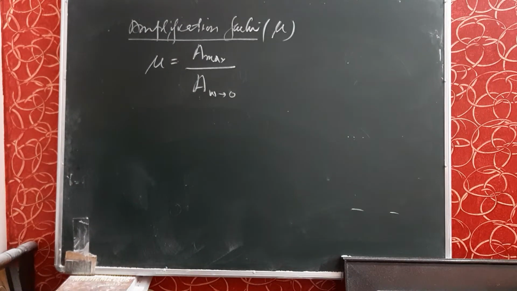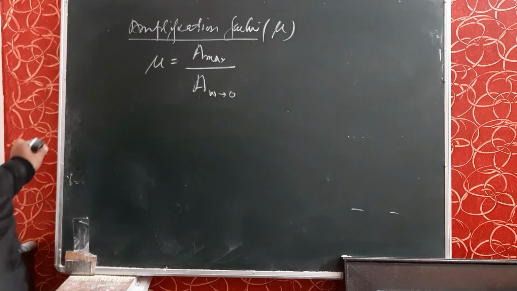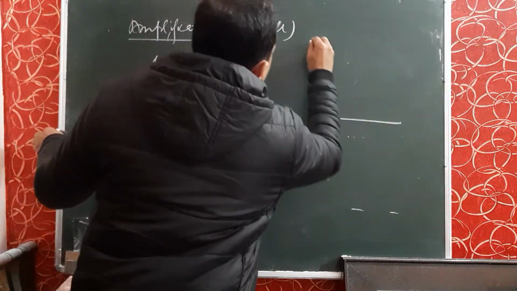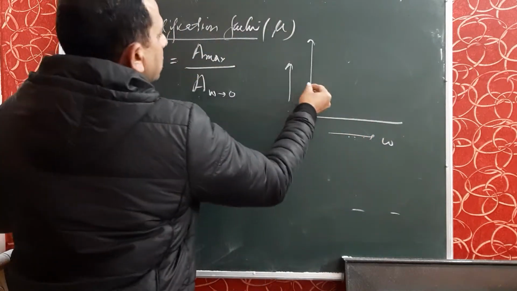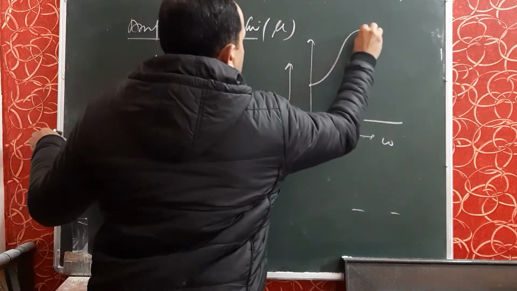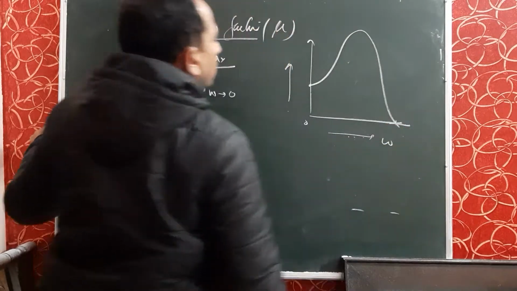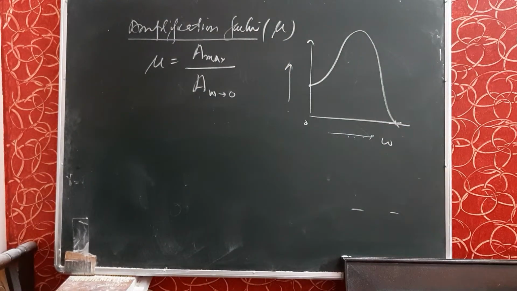If we consider the graph of amplitude with omega, the nature of the graph is like this, because this type of nature we have already studied in case of amplitude.